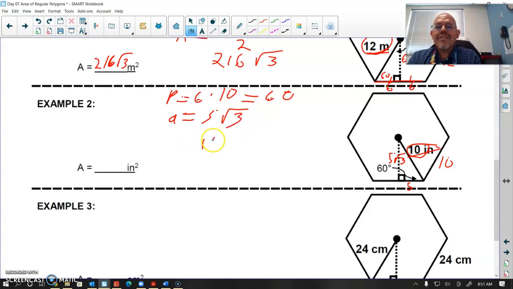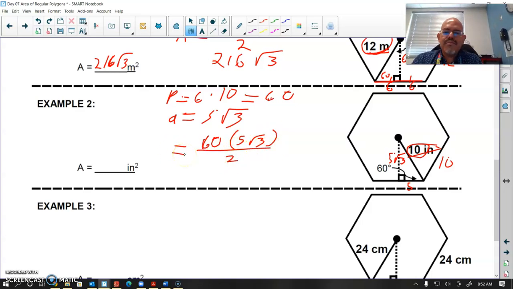So 60 times 5 square root 3 divided by 2. I actually know this one off the top of my head. So 60 divided by 2 is 30, and multiply that, that's 150 square root 3. So our area is 150 square root 3.